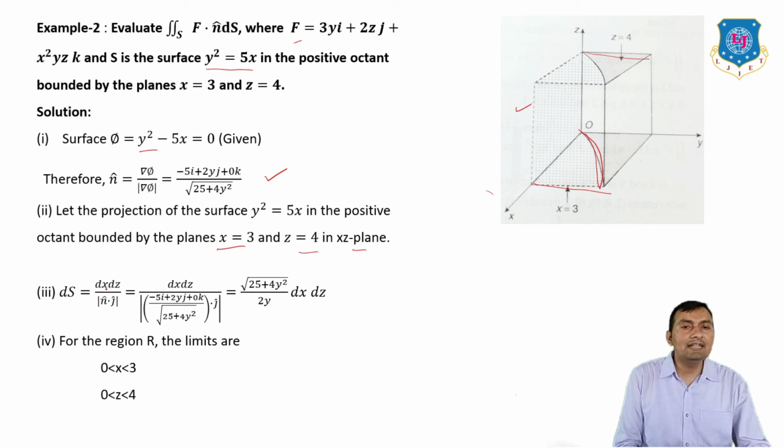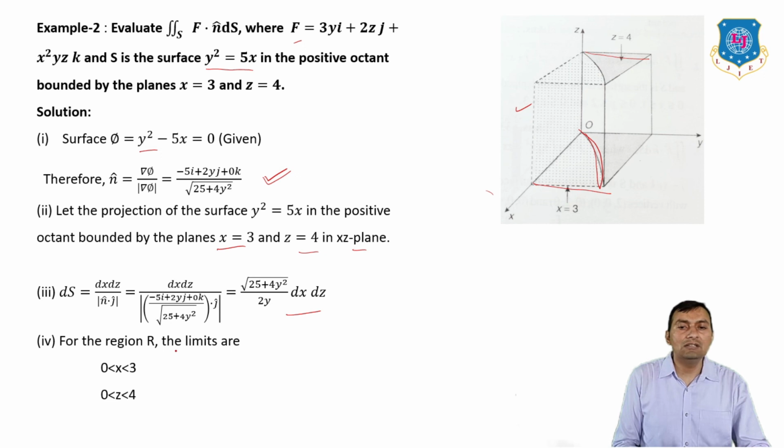So dS can be written as dx dz divided by mod of n cap dot j cap. Here n cap we have, so replace over here, just take its dot product and after simplifying you will get this one down: square root of (25 plus 4y square) divided by 2y into dx dz.